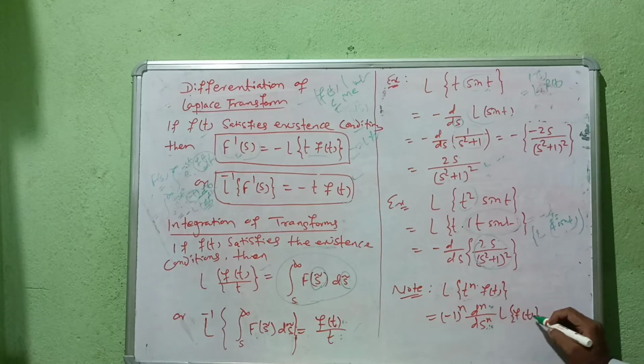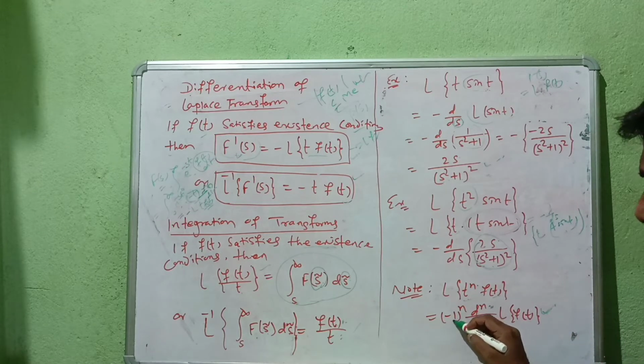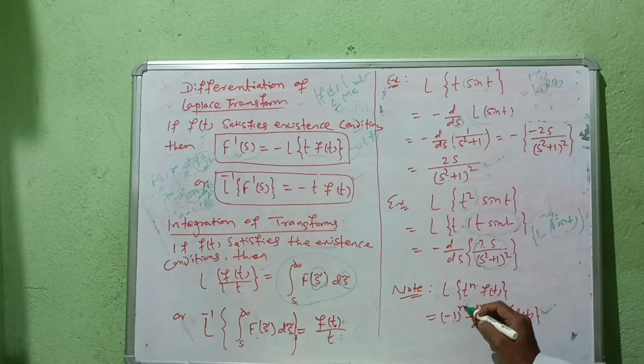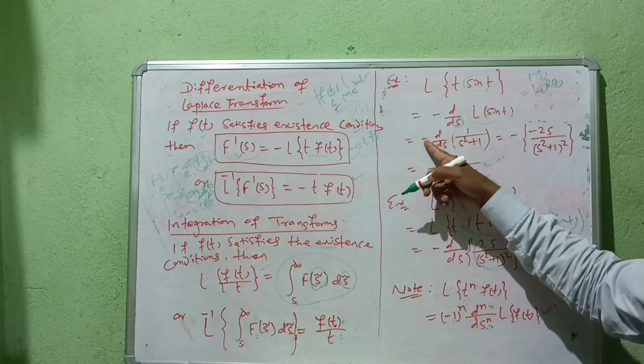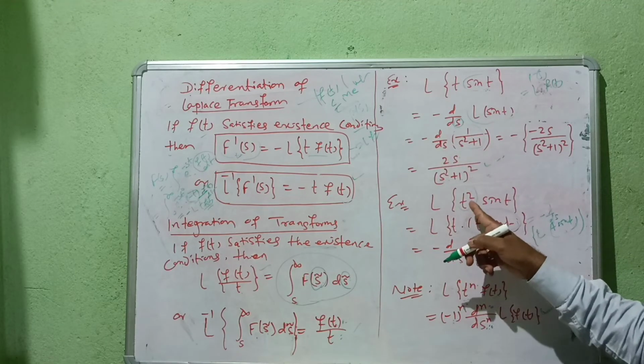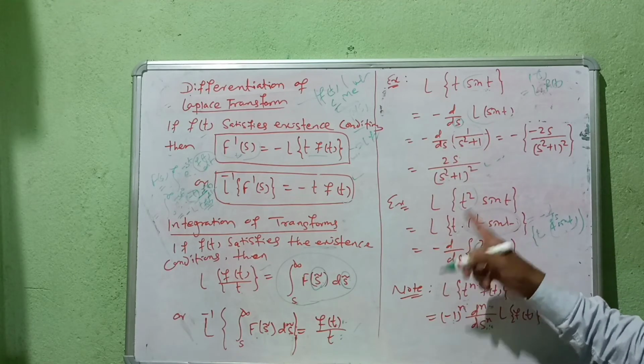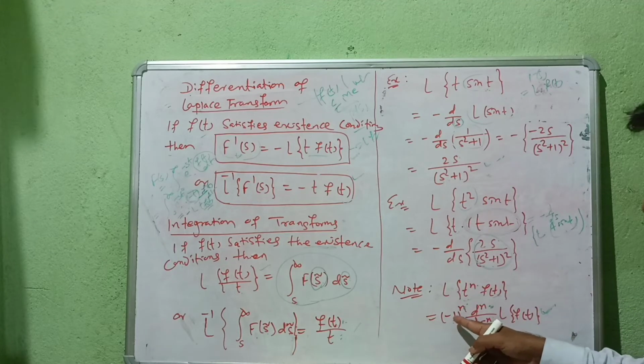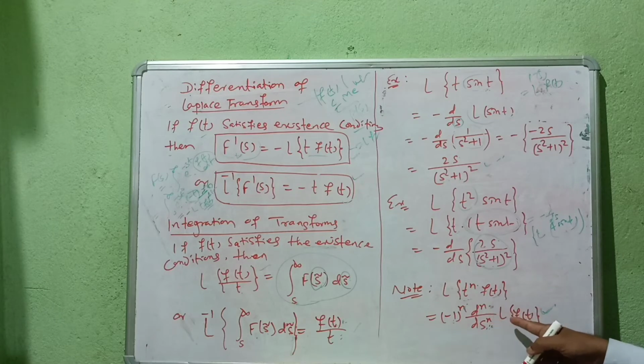So it is the nth derivative of Laplace of f of t, and here it is minus 1 to the power n. Because in the first derivative it is minus 1, then in the double derivative again minus, so minus minus will be plus.